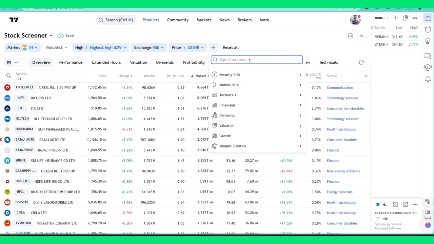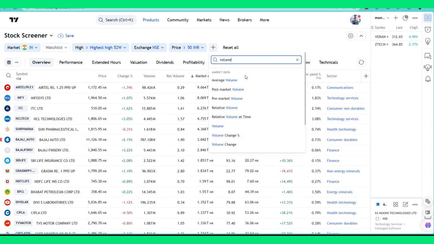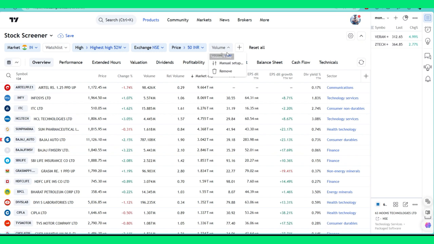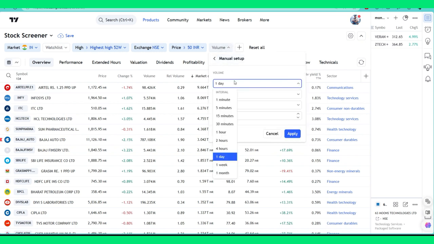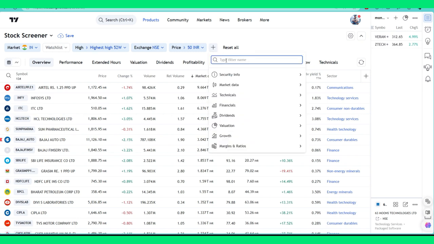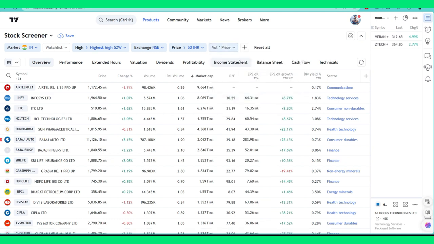Now I want volume into price of 1 day, add filter, and I want manual setup.